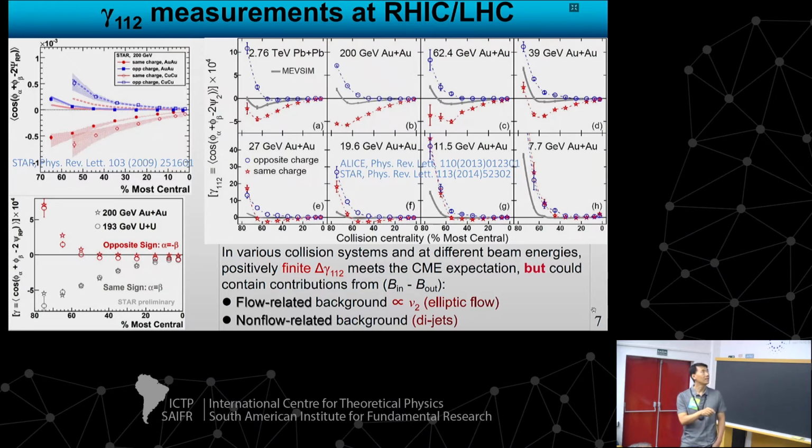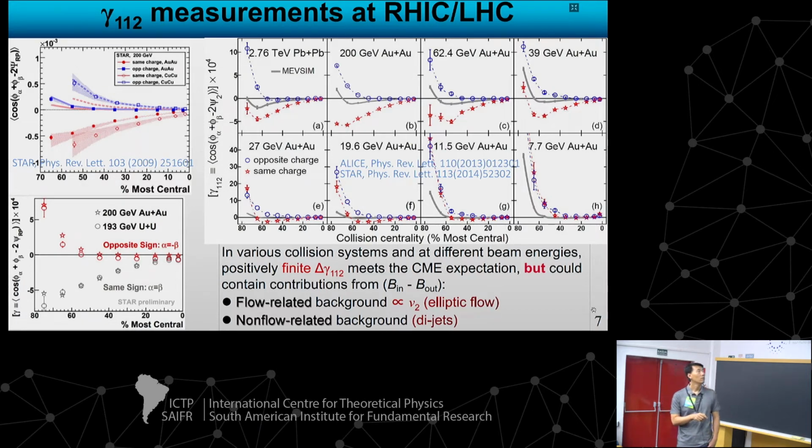And we have the beam energy scan program, including the LHC energy, 2.7 TeV lead, and down to 200 GeV, 62, 39, 27, and so on, until 7 GeV. For most cases, you still see the effect: the blue is above the red. Maybe at 7 GeV it's not so obvious, but we still have some small but finite signal.